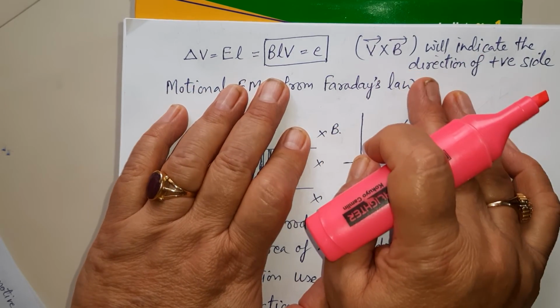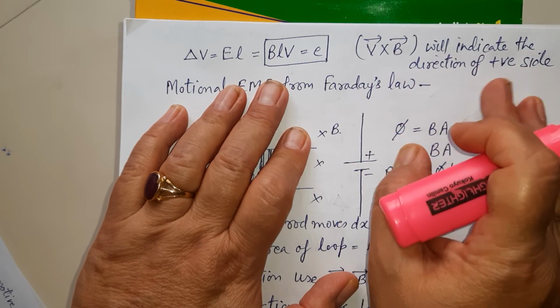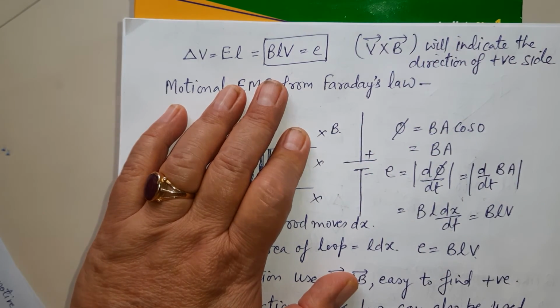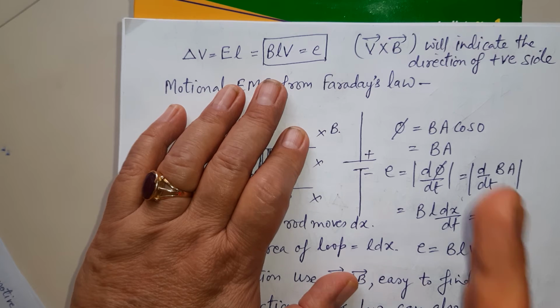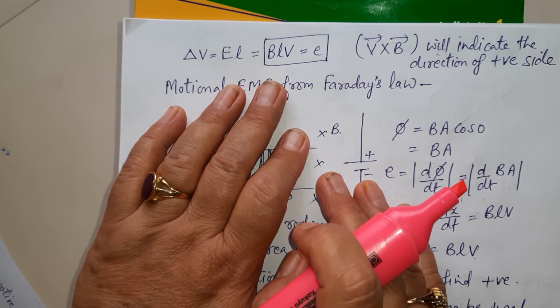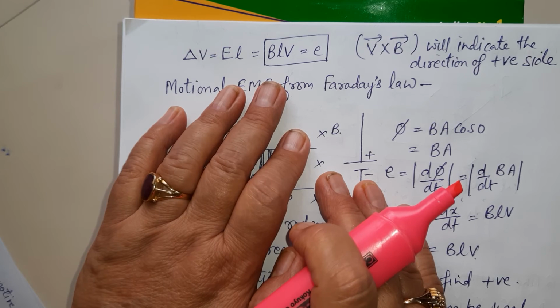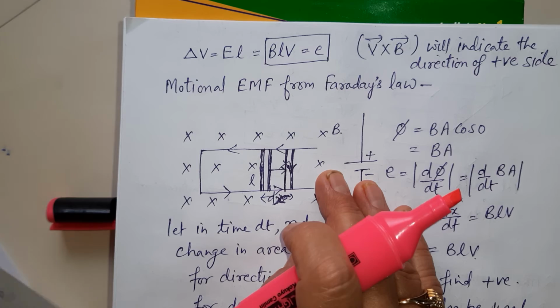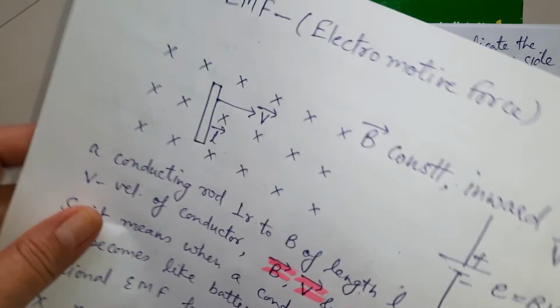V cross B will indicate the direction of the positive side. Now when there is a battery, the battery EMF has one side always positive and one side always negative. So the direction of V cross B will give us the direction of the positive side.